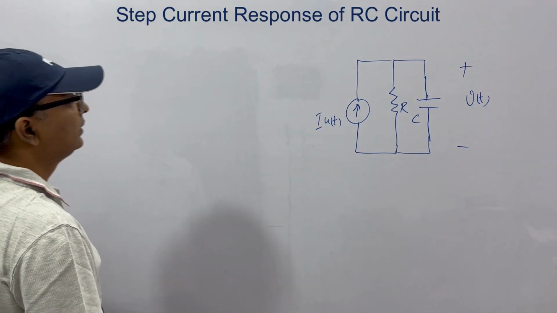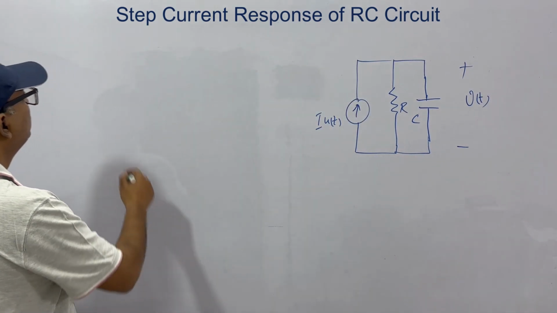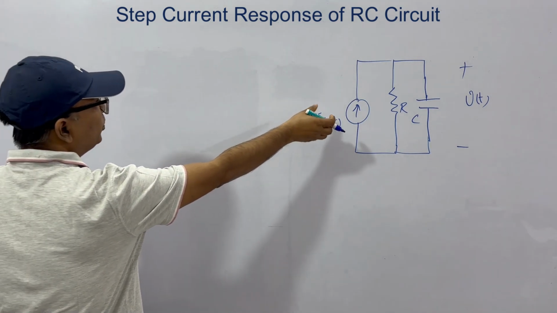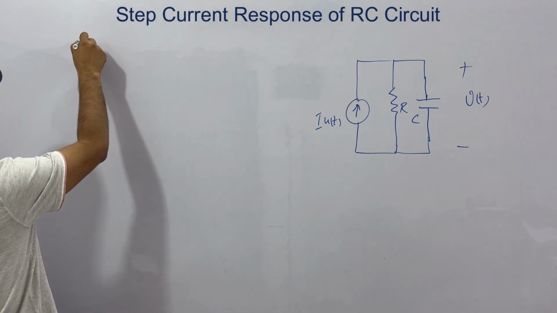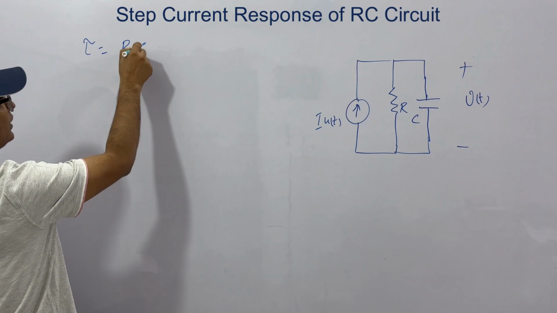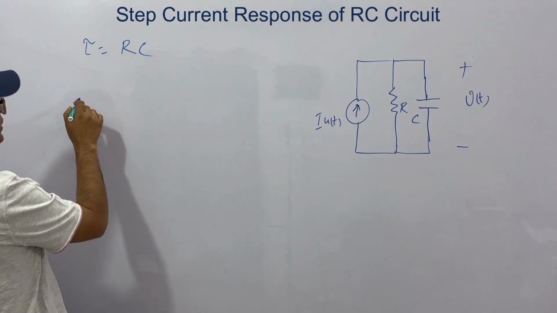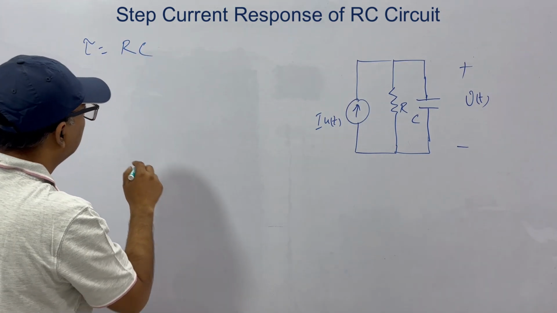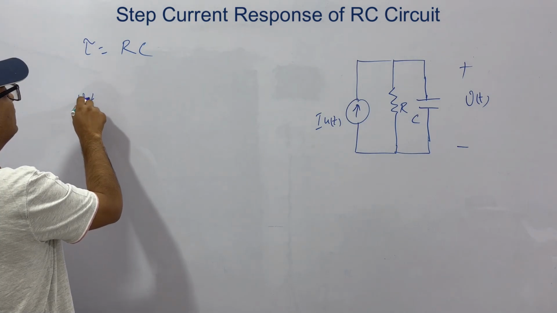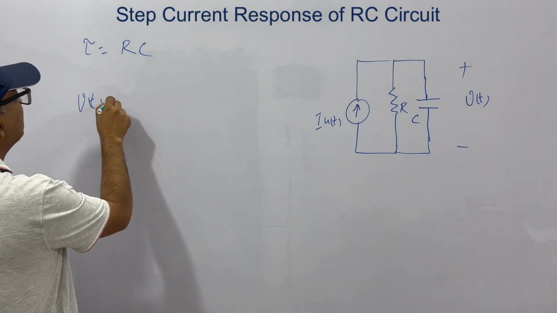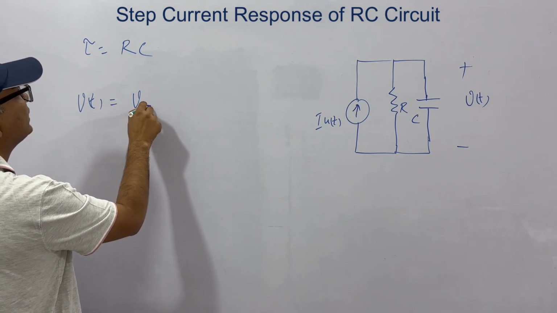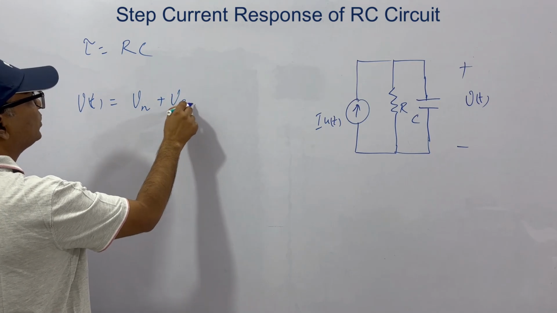When the source is open circuited, we have the time constant tau equal to RC for the RC circuit, and similar to what we did for the current, the voltage across this capacitor, v(t), will have two components: one is the natural response and the second is the forced response.